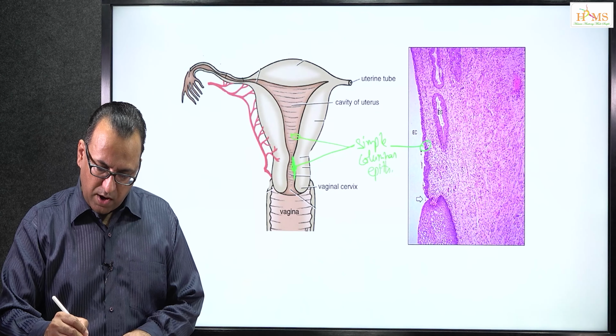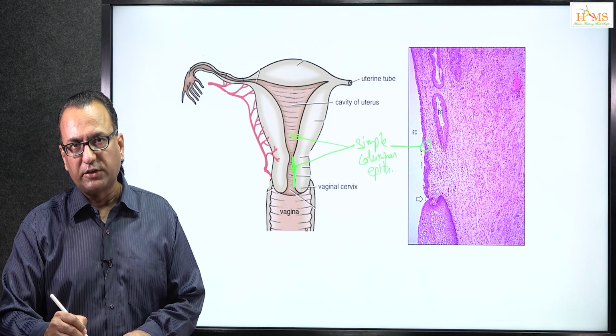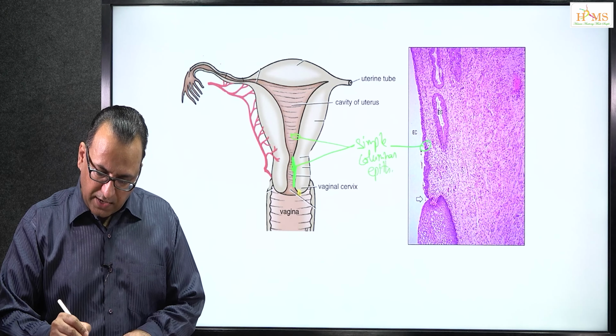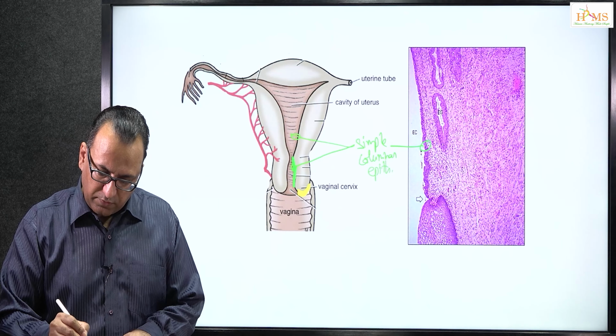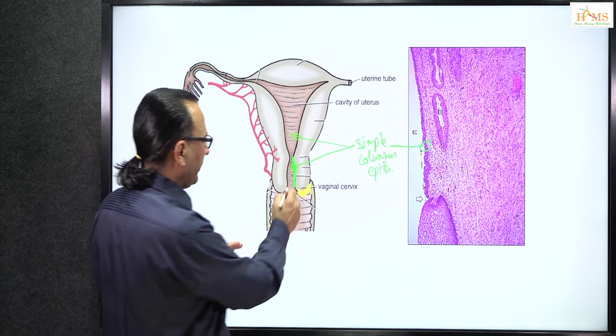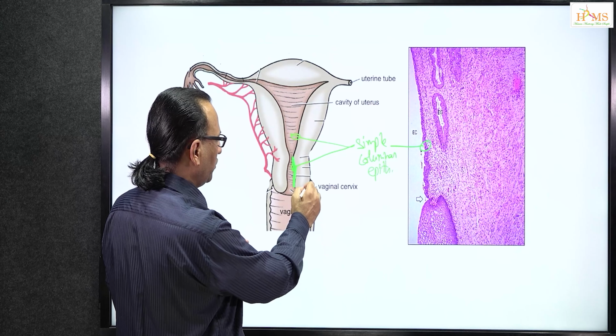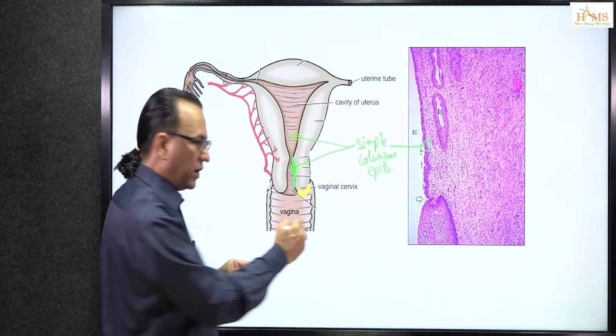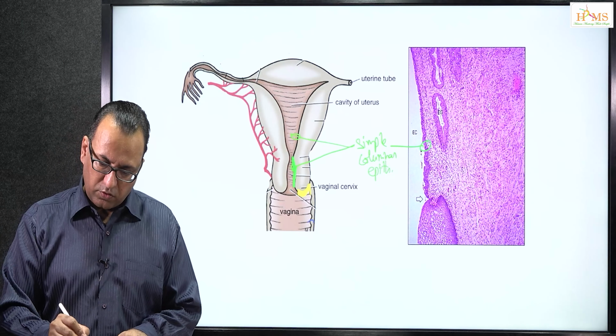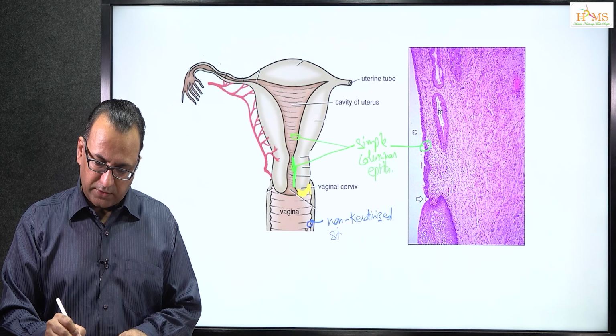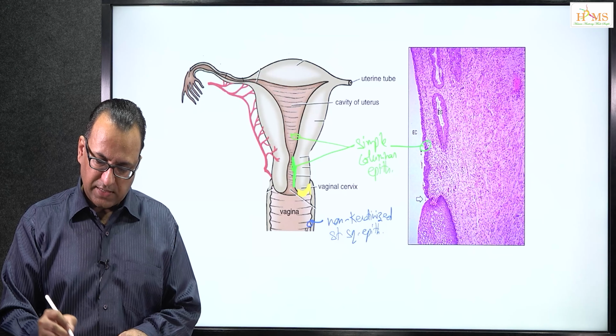So as we have marked it as simple columnar epithelium, what about the ectocervix? If we are looking at the ectocervix which is projecting into the vagina, it will have the same epithelium as the vagina. So what is the vaginal epithelium? We already know it is the non-keratinized stratified squamous epithelium as is evident here.